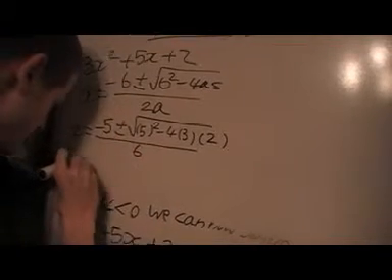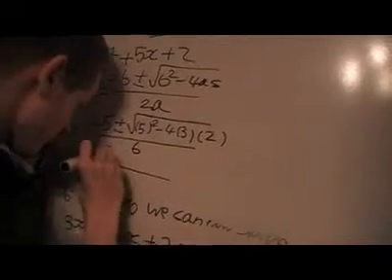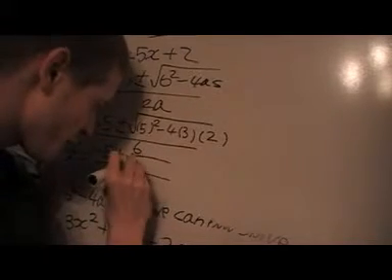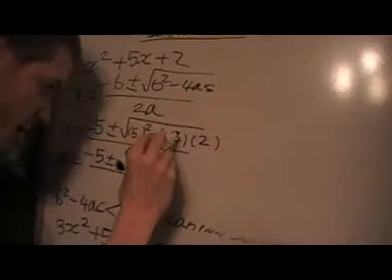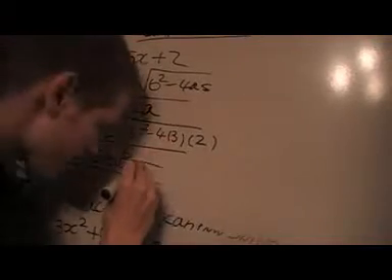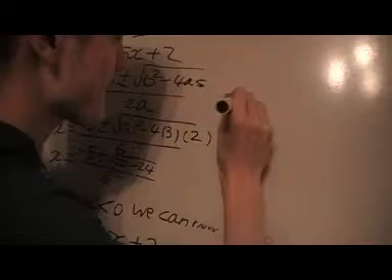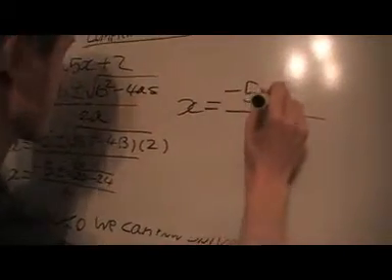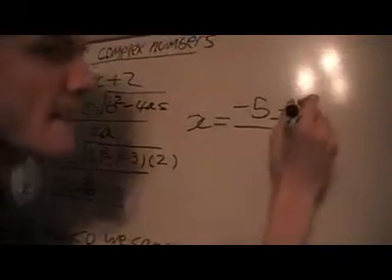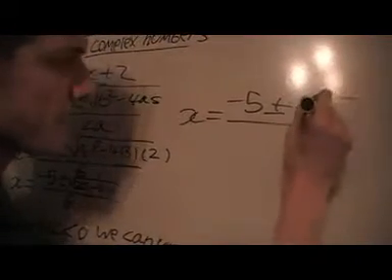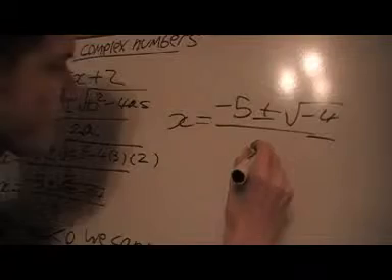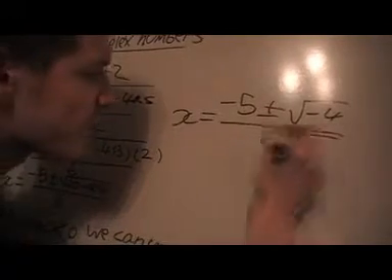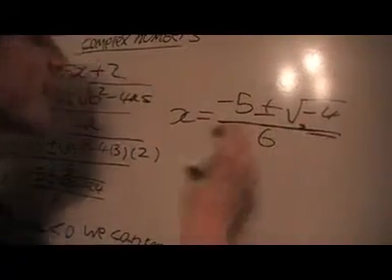So then we can simplify this a bit and get 25 minus 24. And we've got the square root of a negative number, notice now.